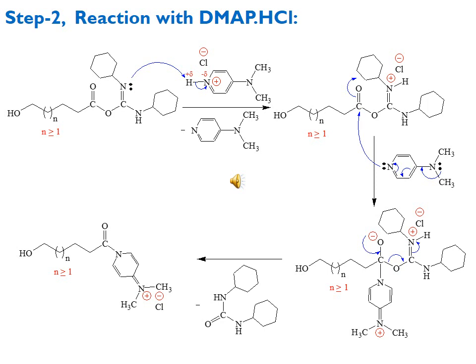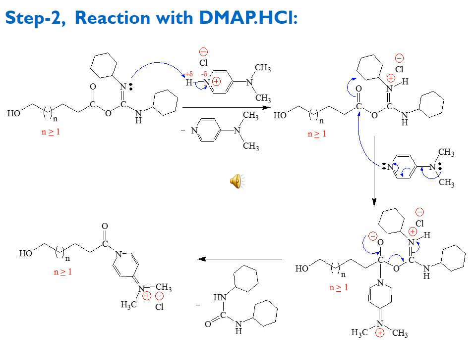In the next step, you see this negative charge of oxygen comes back, and the neighboring carbon-oxygen single bond is broken, and the sigma electrons of this single bond move towards the next carbon-oxygen single bond, which has now become a double bond, and the carbon-nitrogen double bond has now become a single bond. The positive charge on nitrogen is also finished due to formation of a single bond here, and now this Cl minus will counterbalance the positive charge of the dimethylamino functionality.